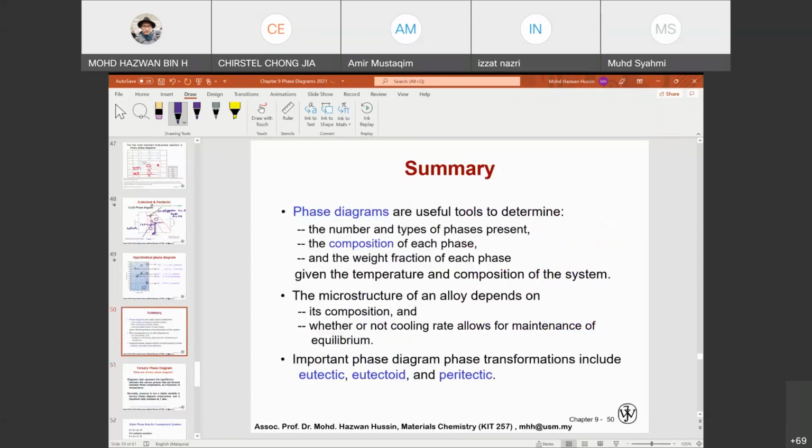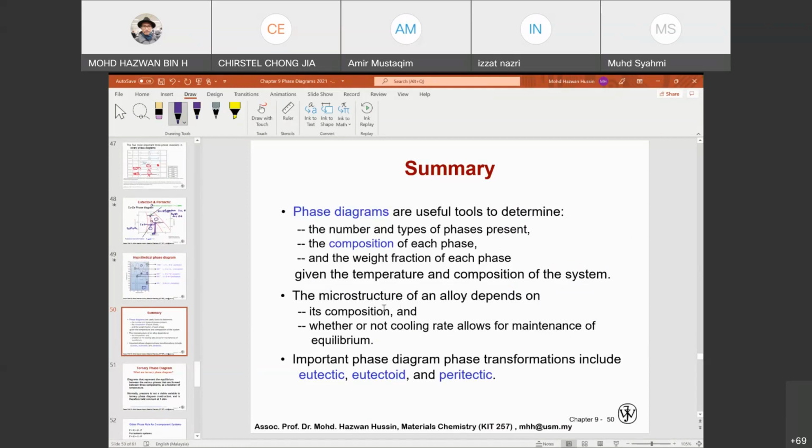Alright, as a summary, for the first two parts of this chapter, we have understood how you can identify the number and types of phases present in the phase diagram. Apart from that, the composition of each phase can be easily identified using the lever rule or tie line, and the weight fractions can also be identified using the lever rule formula.